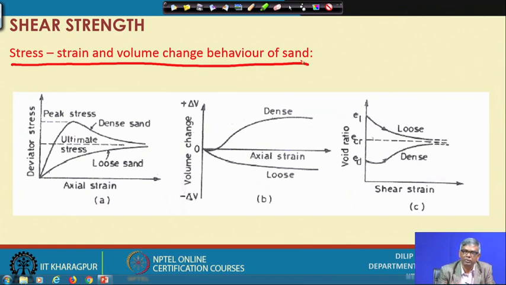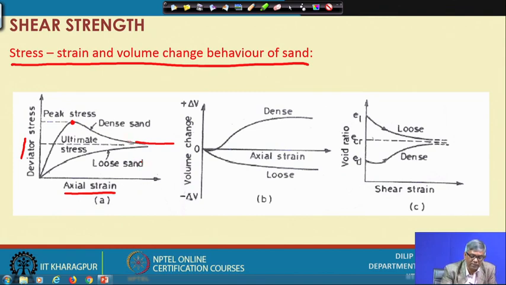There can be states in between, but if you test extreme dense sand and plot deviator stress versus axial strain, it will reach a peak at a certain value of strain, and then it will decrease and reach a constant value after a significantly high value of strain.